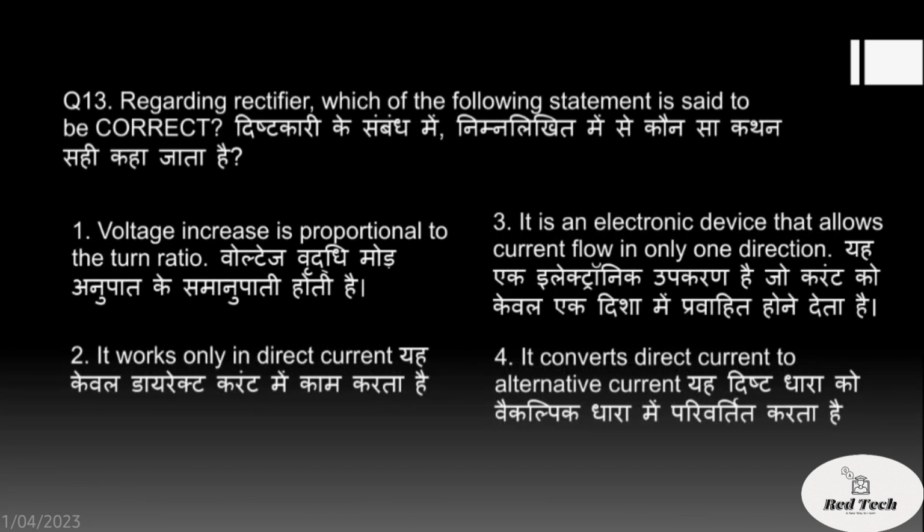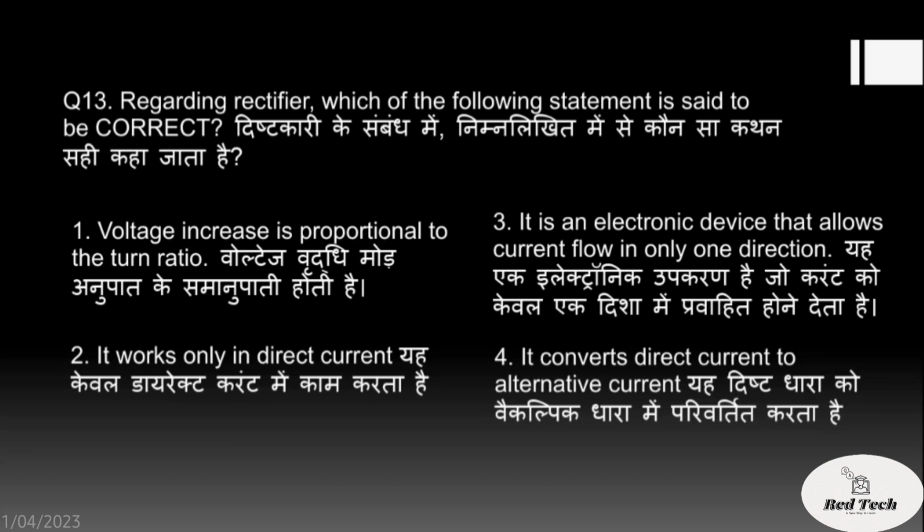Question number 13: regarding the rectifier, which of the following statements is correct? So we have to tell the correct statement regarding the rectifier. Option 1: voltage increase is proportional to the turn ratio. Option 2: it works on direct current.